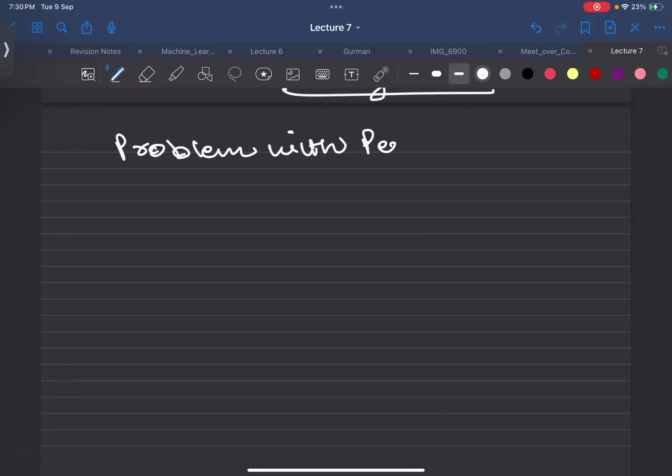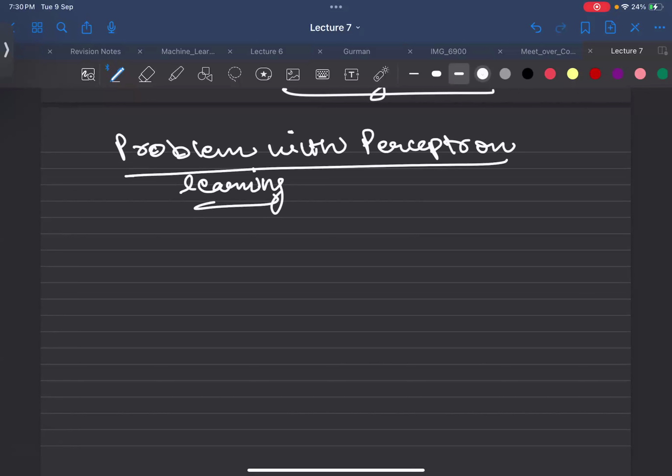Problem with perceptron learning. If it's linearly separable, sometimes the convergence is slow as we're using SGD, but eventually we'll converge.